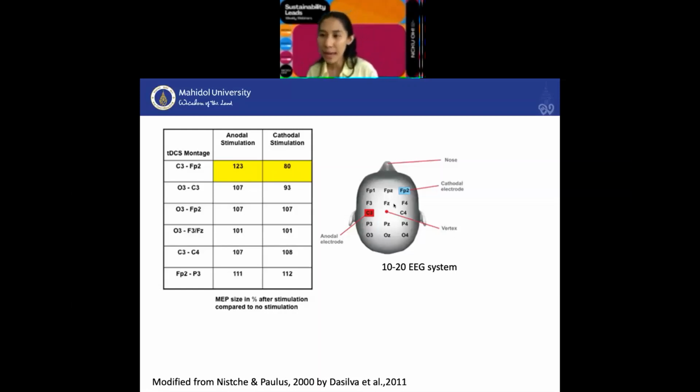That's why today, in most studies, we place the electrode over the area of interest, and then we put another one at the contralateral site. Sometimes people use an extracephalic montage, like putting it on the shoulder, something like that. But you need to keep in mind that the active one should be applied over the area of interest.